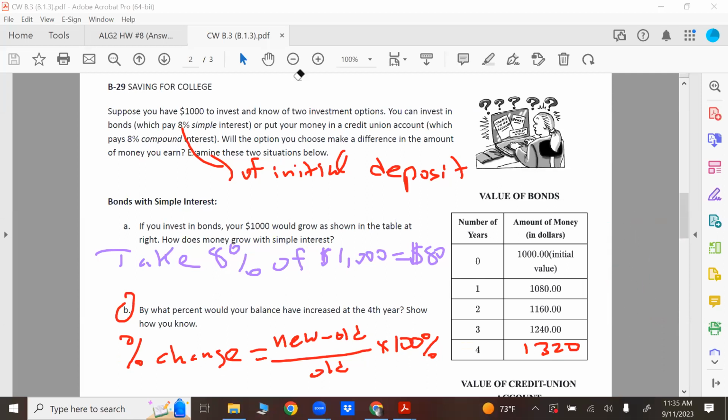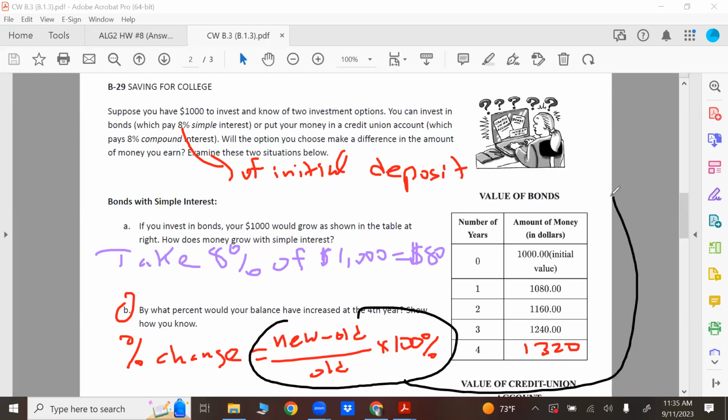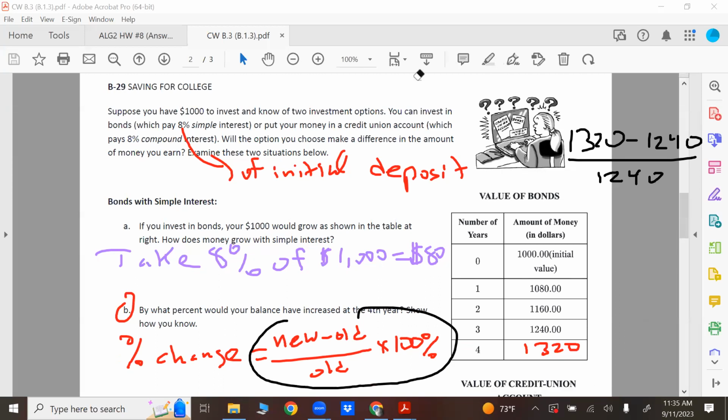So when you calculate that percentage, you're going to do 1320 minus 1240 divided by 1240, or 80 over 1240.